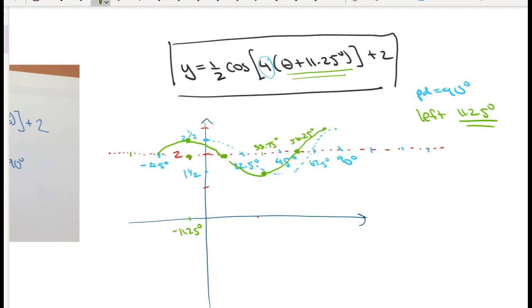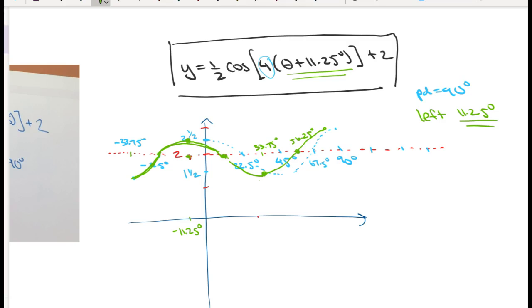Then here, I'm going to have negative 22.5, negative 33.75. Is that right? Negative 33.75 degrees. I'm at a low. So I'm here, right? All right, now let's move in the positive direction.